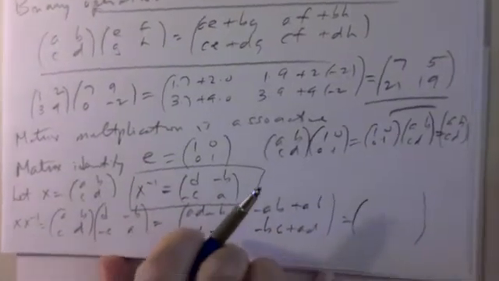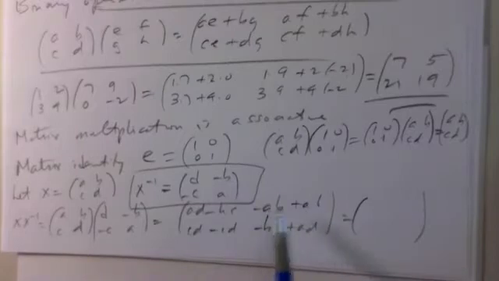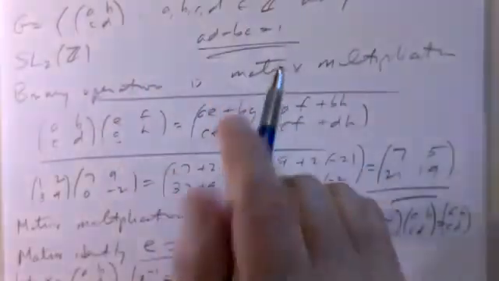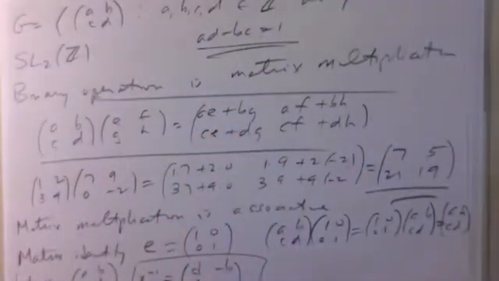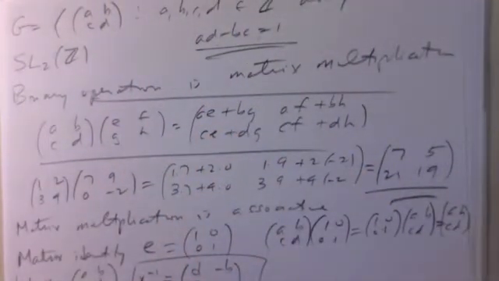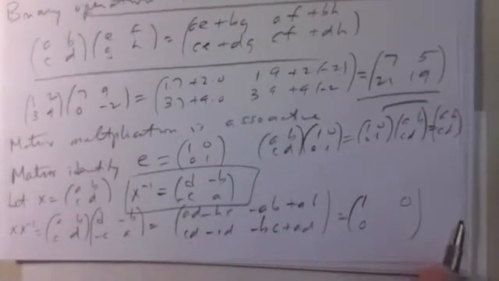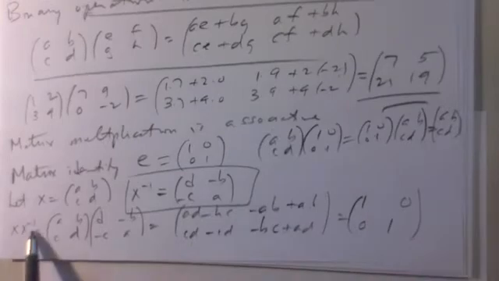What is this? Well, minus AB plus AB is 0, CD minus CD is 0. AD minus BC, I was only looking at matrices where AD minus BC is 1. And minus BC plus AD is the same as AD minus BC, so that's 1. So this is an inverse, at least when you multiply it on the left. And it's always important to do this calculation at least once in one's life.